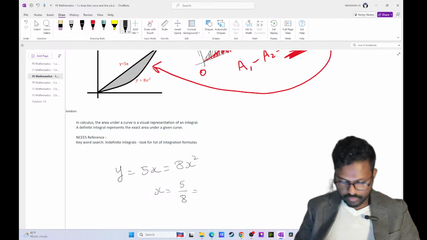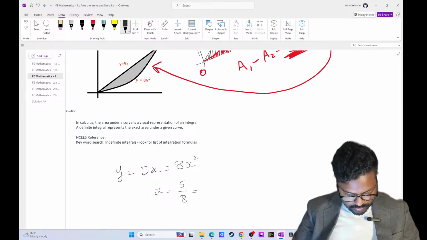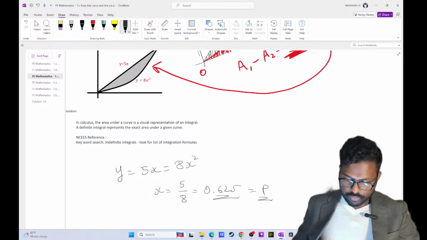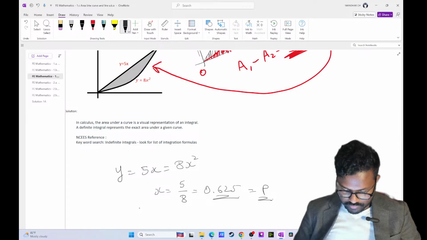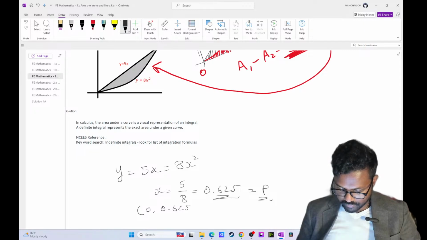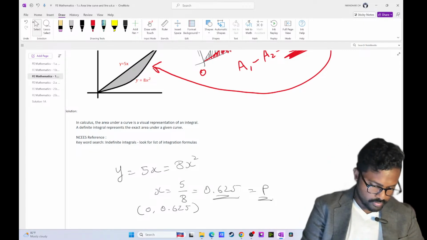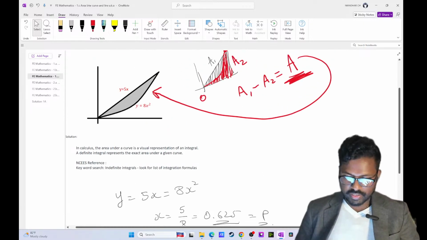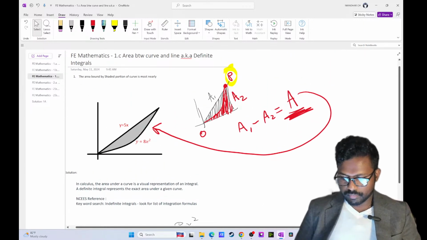So let's put in the calculator 5 by 8, 0.625 equal to P. So now we know the limits of these curves will be 0, 0.625.